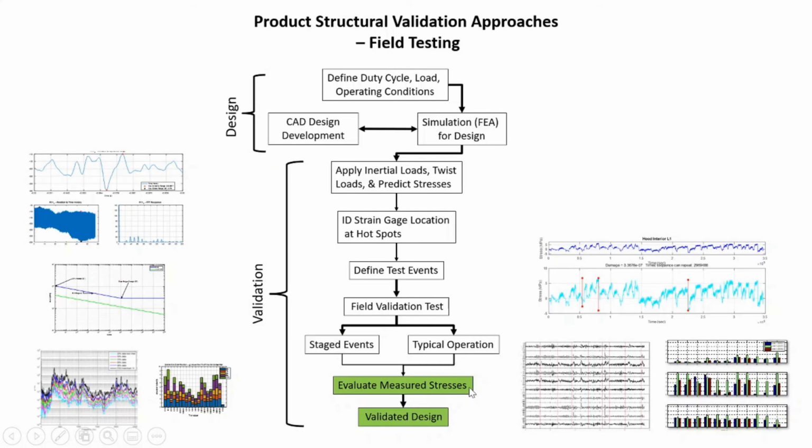There's a wide range of ways to evaluate the measured data, particularly the stresses. Sometimes we just start by looking at the time histories of all the different events and getting a sense for the strain levels, and then computing stresses and looking at stress ranges and ranking them according to events. If it's a welded structure and we have gauges near the welds, we pay particularly close attention to the stress ranges that we're seeing and compare them to the various welding institute curves, depending on the type of weld.